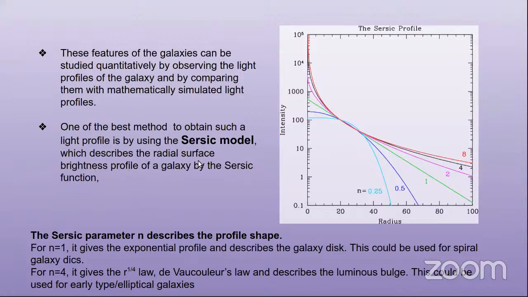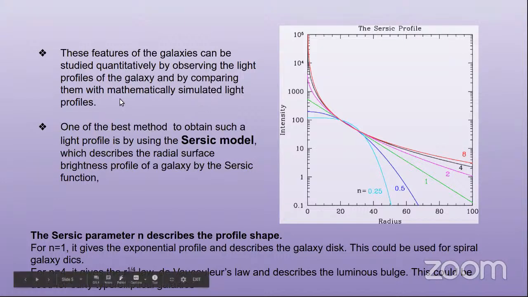So in the Sersic model, if n is the Sersic parameter, if n is equal to 1, then it describes an exponential profile, and the exponential profile could be used for the galactic disk. If n is equal to 4, then it comes under the de Vaucouleurs law, and it will give the brightness profile for elliptical galaxies.